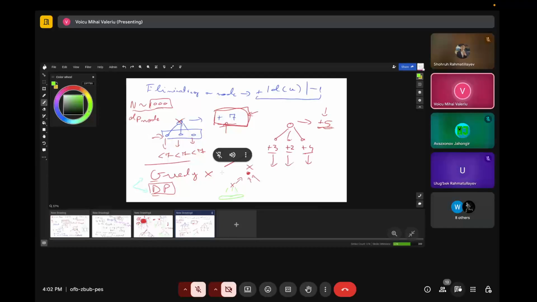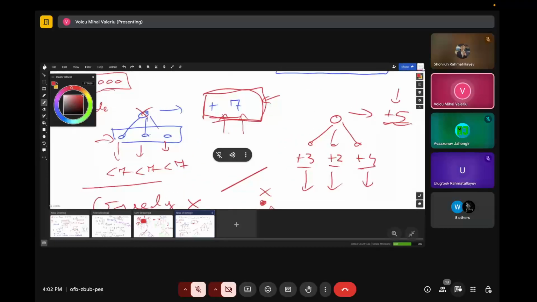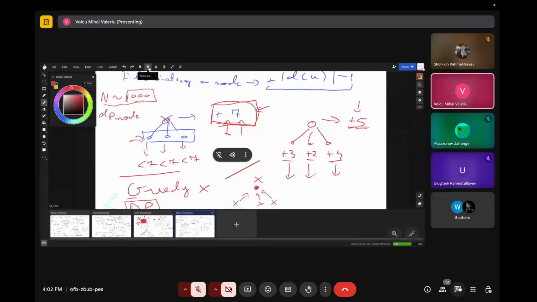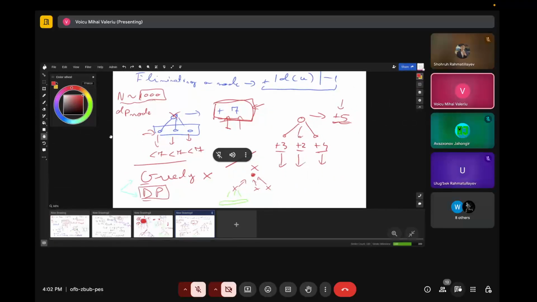So then we have a set of augmentations that we can do. Initially, it's the set of all the children, and each augmentation comes with a cost. And we want to do k augmentations to increase our final cost.